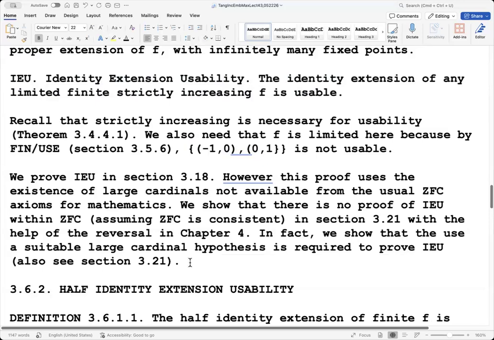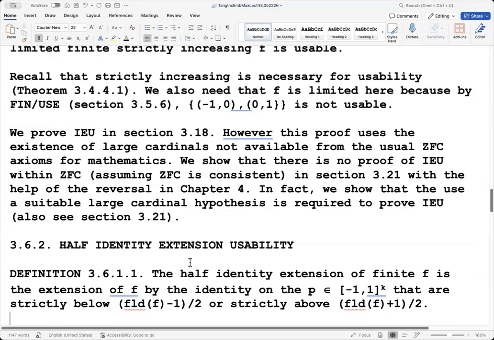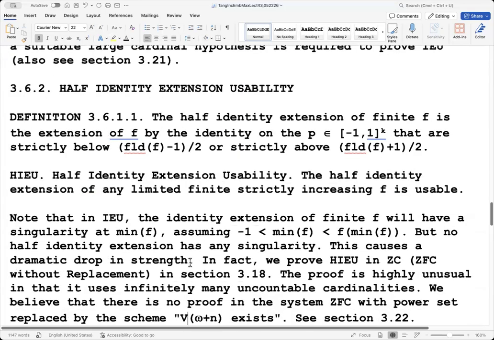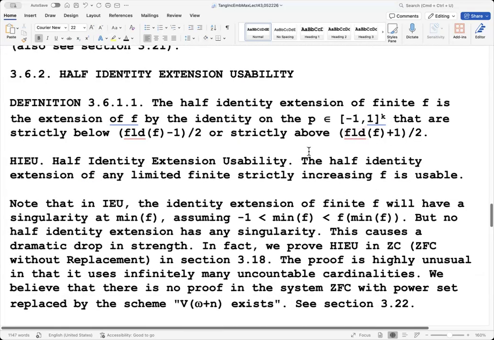All right, now what's the weak one? The weak one is half identity extension usability. I like this setup much better. The half identity extension of finite F is the extension of F by the identity on the P that are strictly below the average, strictly below field of F -1/2, or strictly above field of F +1/2. These are the averages.